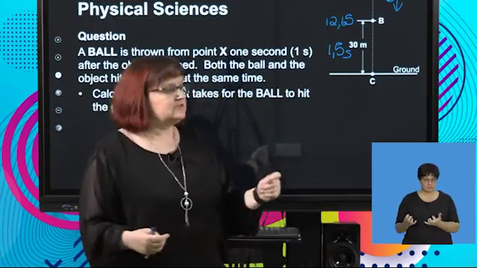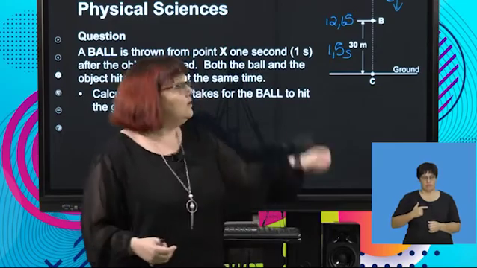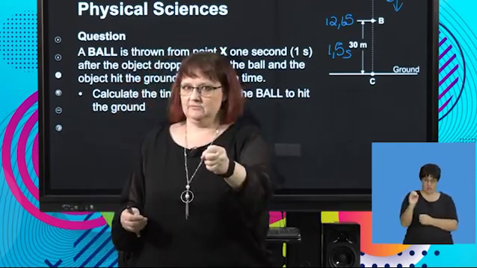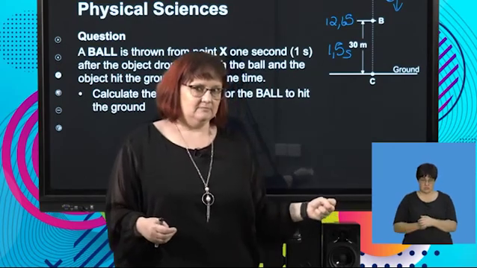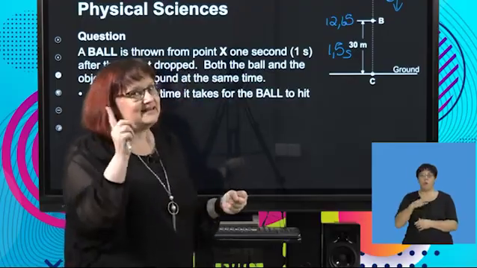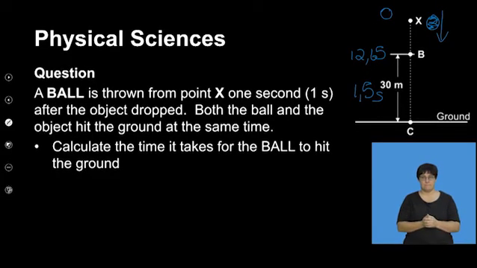Let's work out how long it takes for my original object to hit the ground. Because if we look at this, all I really need to work out then is this time. How long does it take to go from X to B? Because I know how long it takes to get from B to C.